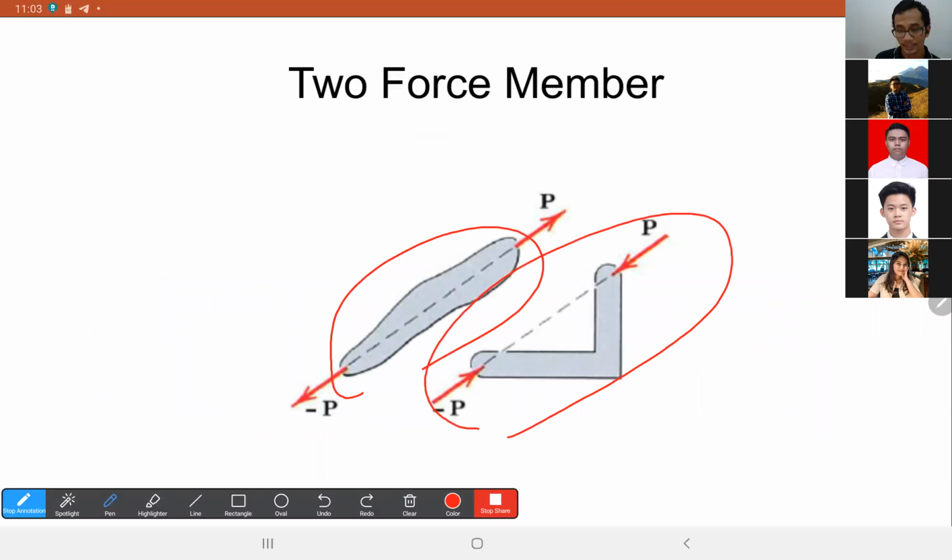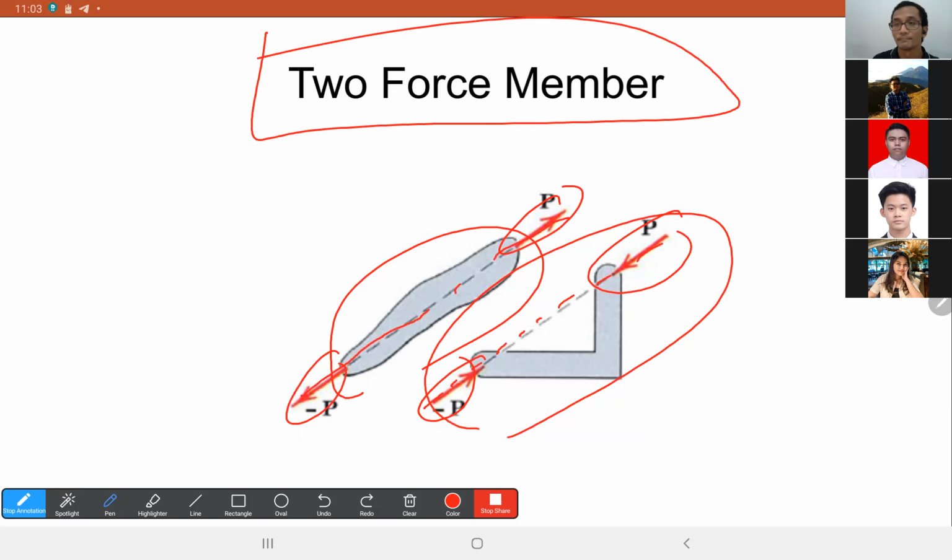If the force is only happening at both ends like this, and the force direction is in the same line of action like that, we call that member a two force member. But you don't have to worry about this now, because this will be our focus in the next 2 weeks when we talk about trusses.